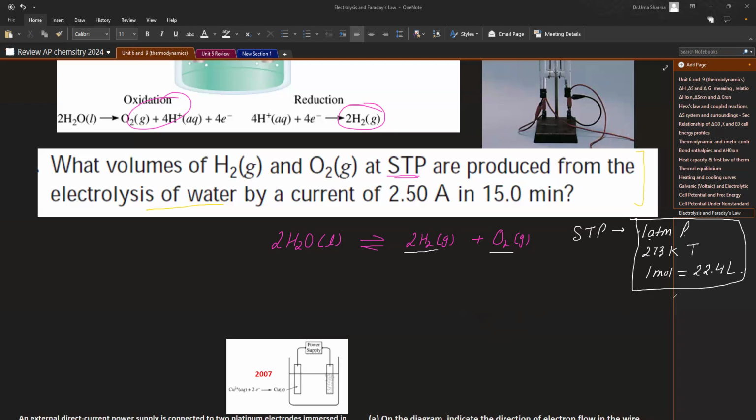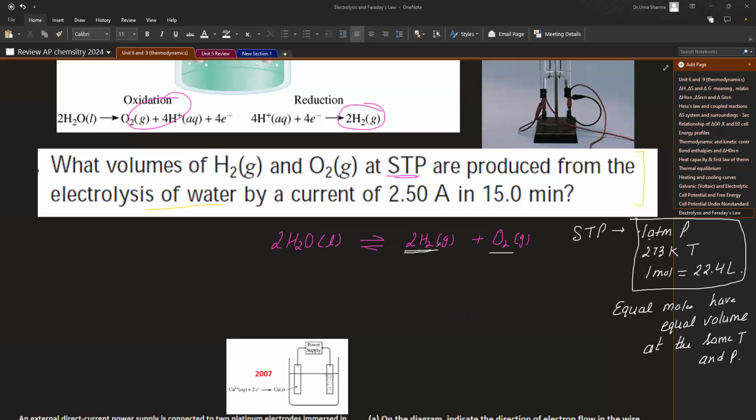There is one more law, if you remember, Avogadro's law. Equal moles have equal volumes at the same temperature and pressure.